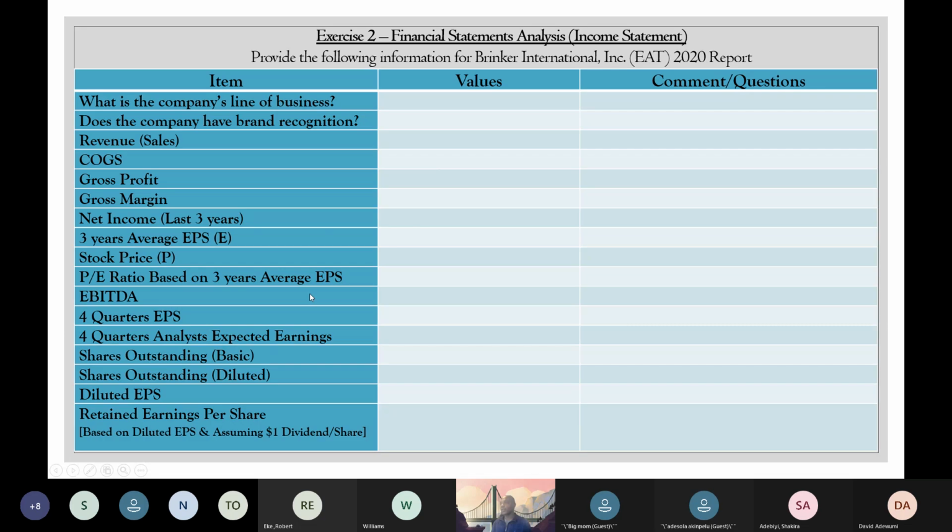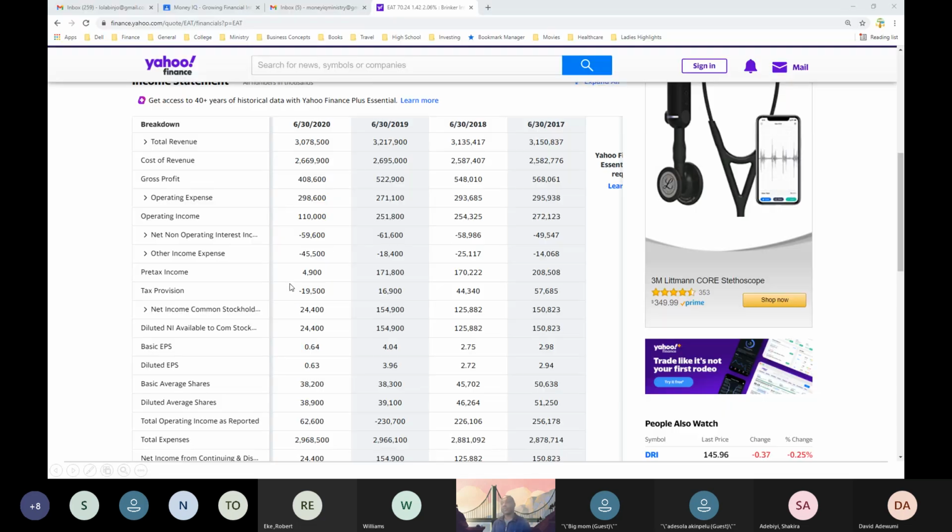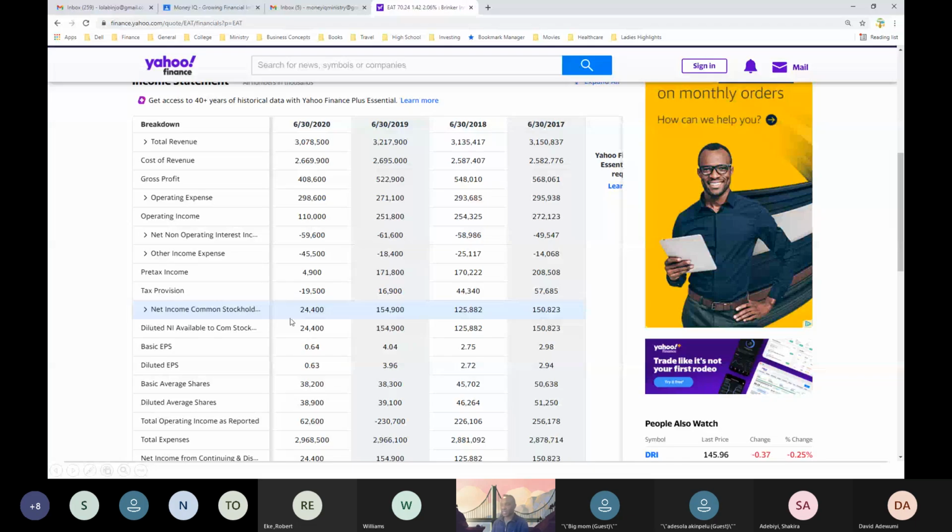In the case of Brinker Inc. or Chili's that we're looking at specifically, if you look at their earnings per share, it's a very classical example. 3 years ago, the earnings per share was $2.72. Again, always use the diluted because it's more reflective of the overall shares in the company.